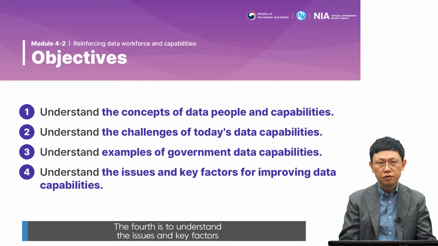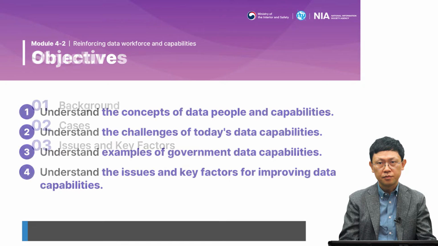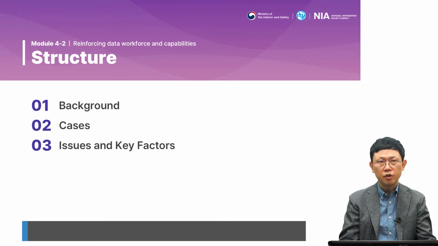The fourth is to understand the issues and key factors for improving data capabilities. The content of the class consists of 3 main parts: background, cases, issues, and key factors.